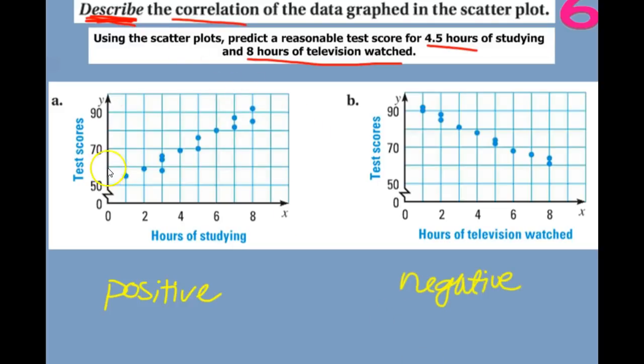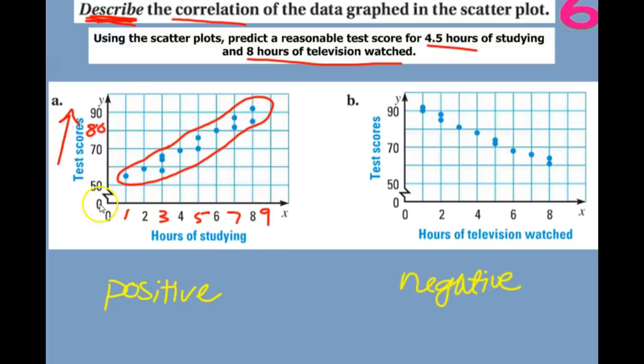And then, if you look at these graphs, this is test scores and this is hours of study. So basically, this graph is showing you if you study for a lot more hours, 1, 2, 3, 4, 5, 6, 7, 8, your test score is going to go up, right?